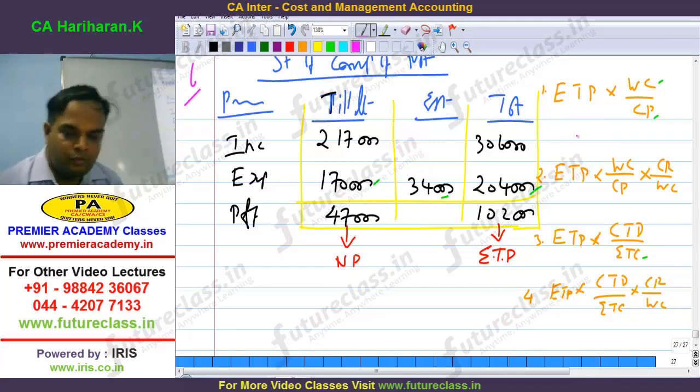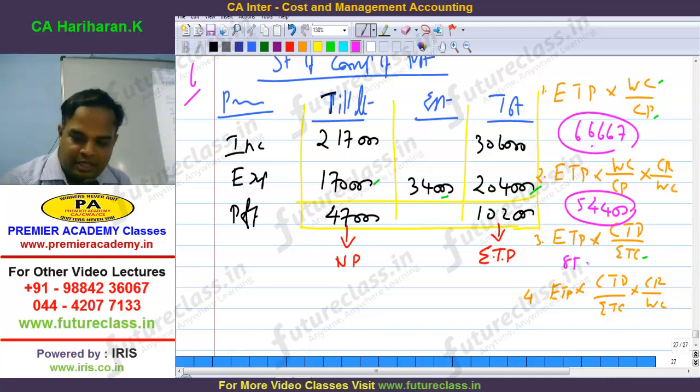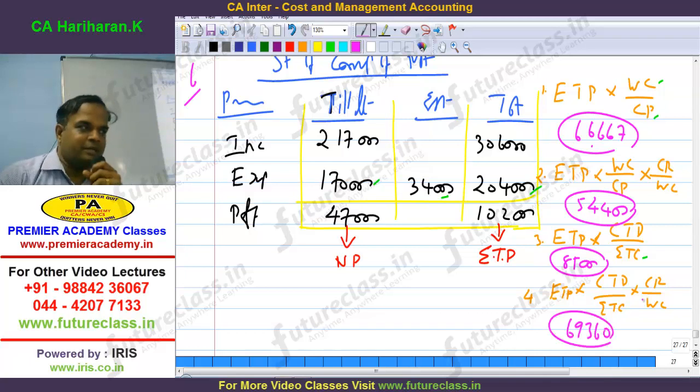So the first one answer is 66,667 rupees. Next, the second one, 54,400 is the correct one. Ganga, use a good calculator. Next, 85,000. Check it up quick.